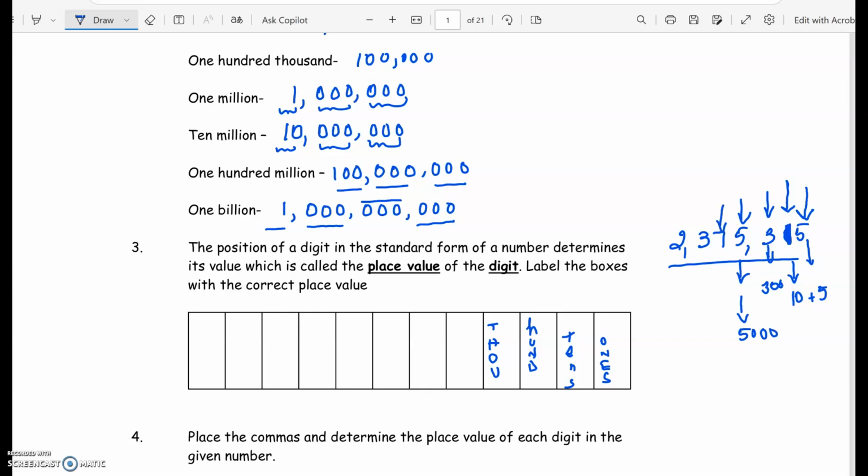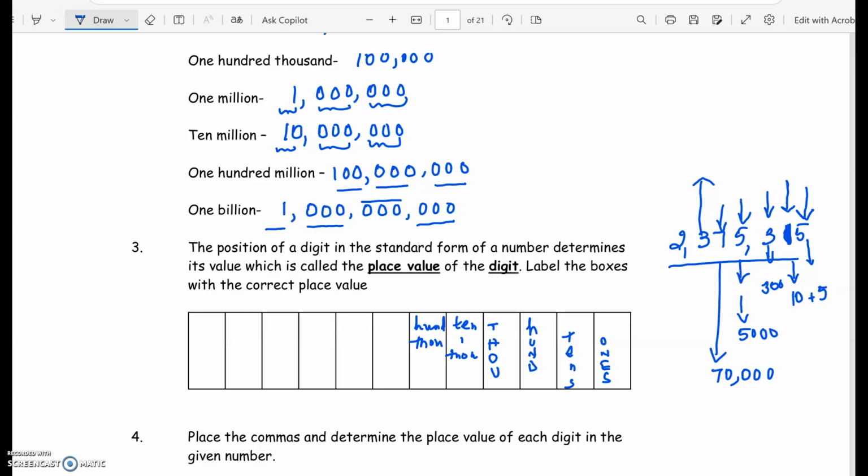We have 7. So what comes after the thousands place is the 10,000s place. So 7 is not a 7, but it's a 70,000 because it's in the 10,000s place. The next digit from the right, which is a 3, is in the 100,000s place.